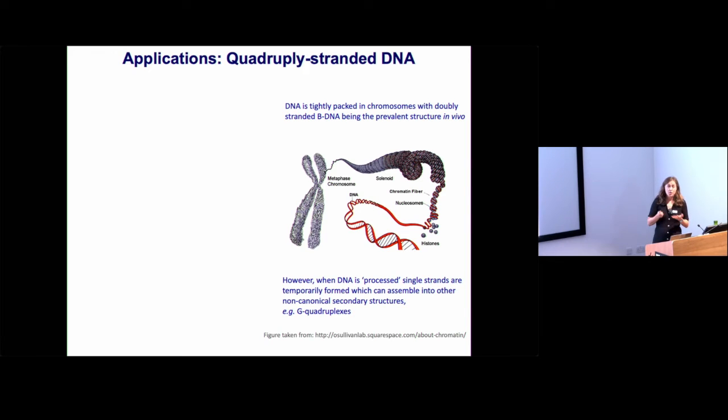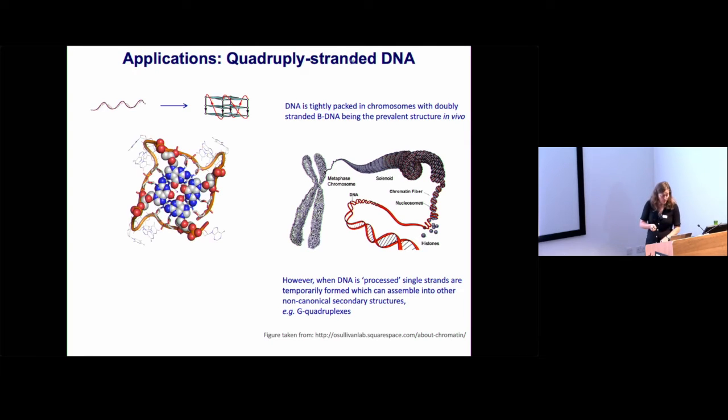Now, most of you will know that DNA is present in the cell in the most abundant form of the double helix of B-DNA, which is then tightly packed in chromosomes. But occasionally, this double helix needs to unwind, and then the single strands of DNA and RNA can undergo different dynamic conformations, such as triplexes or quadruplexes.